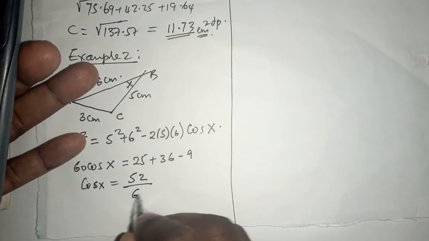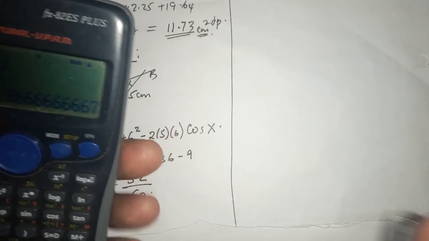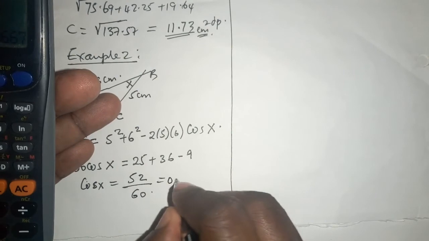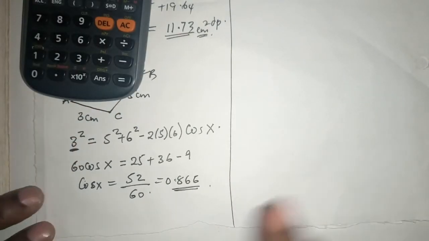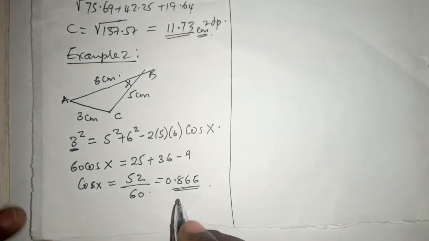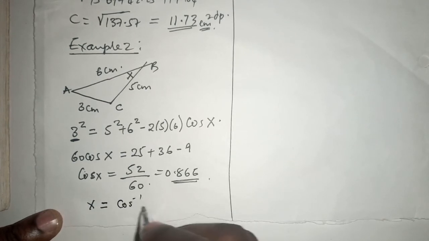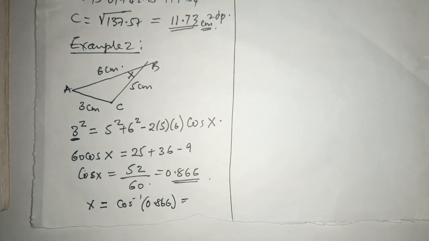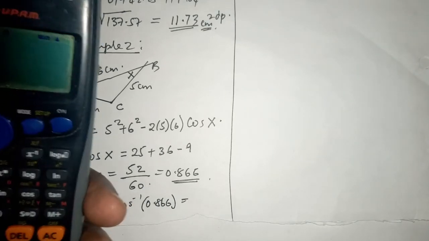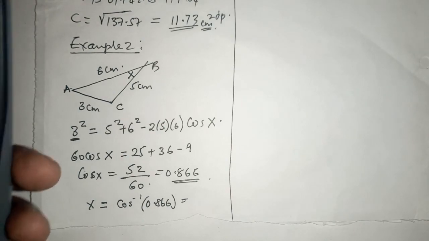So 52 divided by 60, which is 0.866. When we have an angle whose cosine is 0.866, x now becomes the cosine inverse of 0.866.